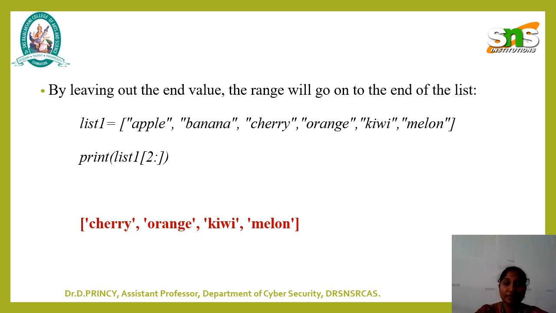Suppose I want the items from index 2, which refers to the third item, till the end of the list. I don't need to specify the end index value. That is list1[2:]. I didn't mention the end index value, which means it goes to the end of the list. The resultant list is cherry, orange, kiwi, and melon.